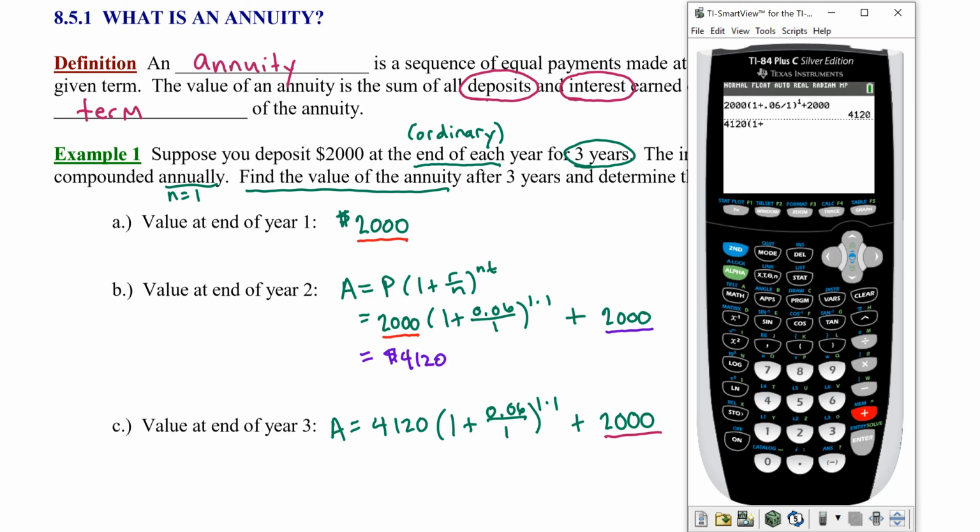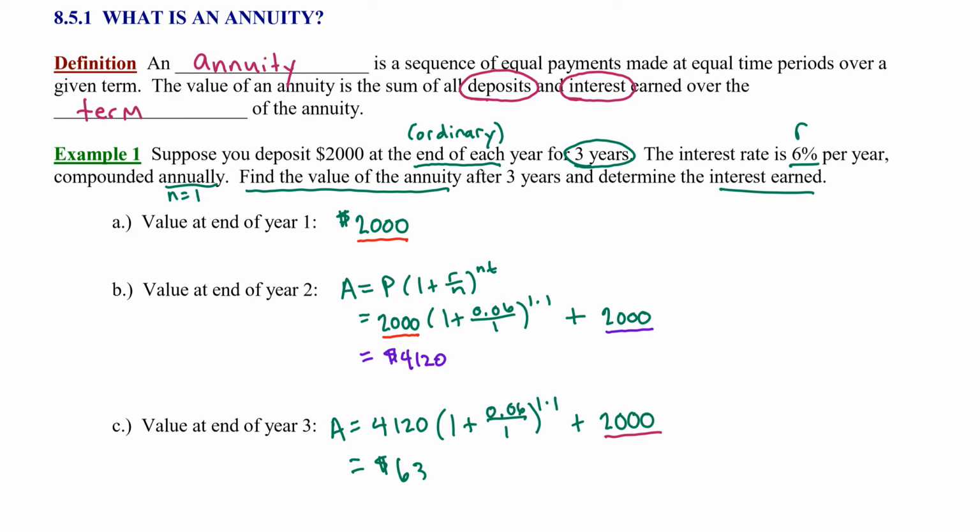Remember, that is the first 2 initial deposits plus an entire year of interest. So now we're starting to earn interest on interest. And our third and final payment of $2,000, this investment grows to $6,367.20. Okay, so this is the future value of our annuity.